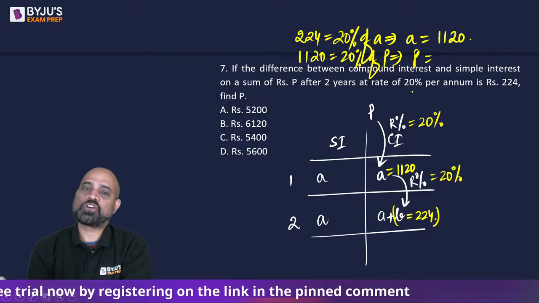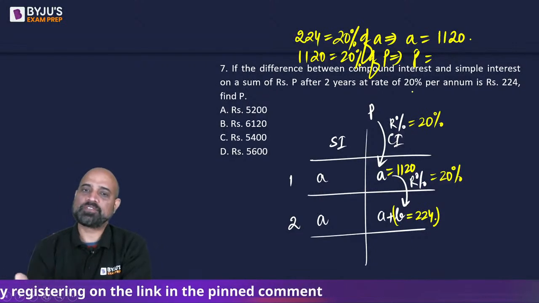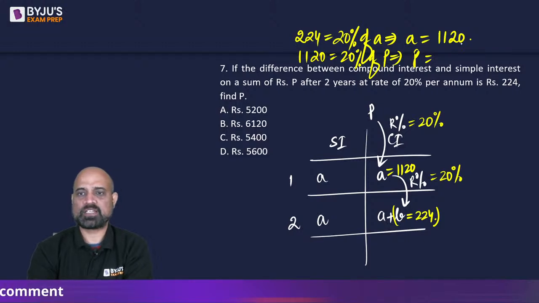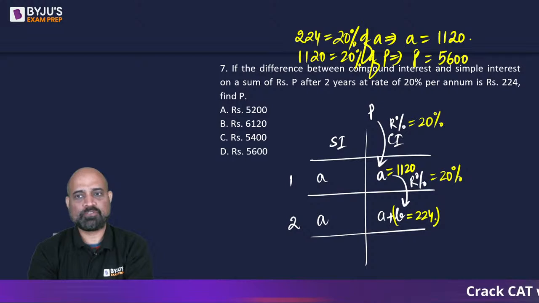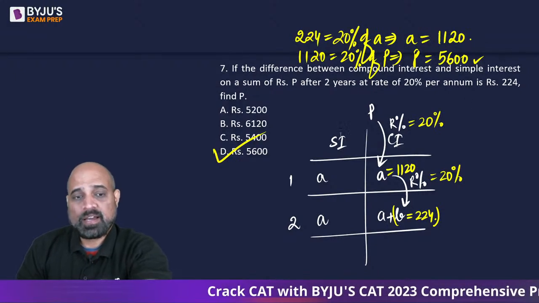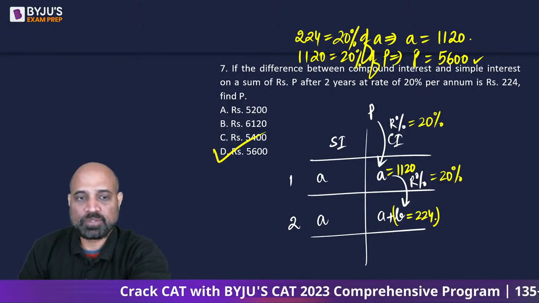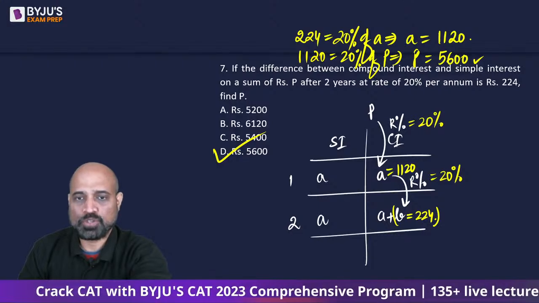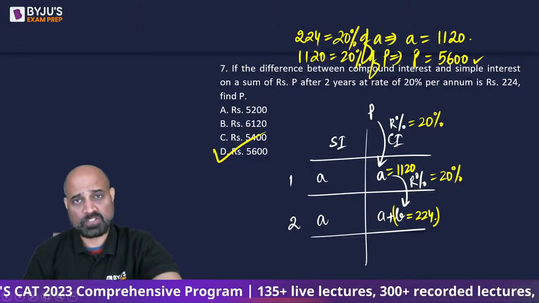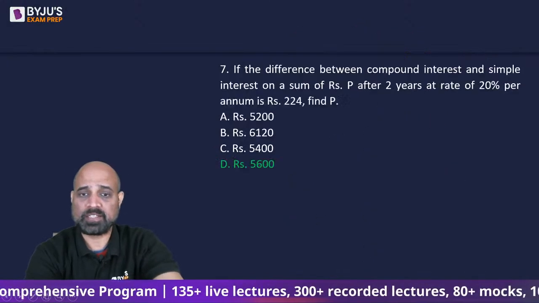So 5 times 1120 is half of 11,200, which is going to be 5,500 plus 100, 5,600. Or 1000 into 5 is 5,000, 120 into 5 is 600. So 5,600 becomes our answer. I hope this was understood, and we have solved questions like these using this approach of SICI previously also. Last session also we did it.